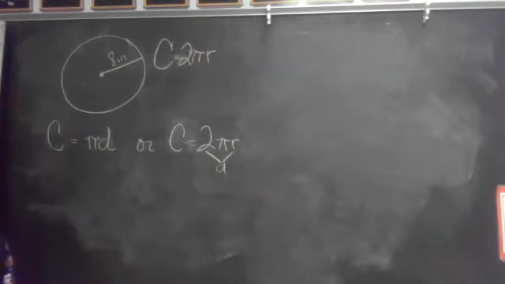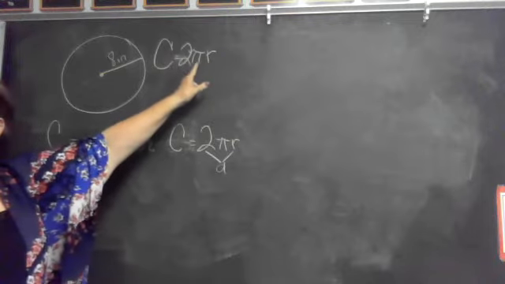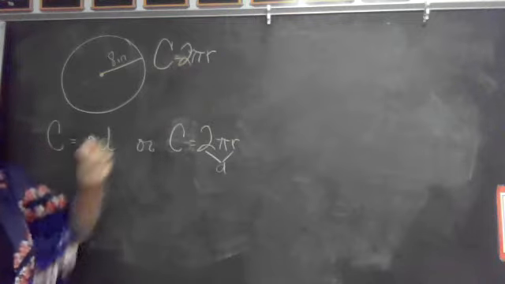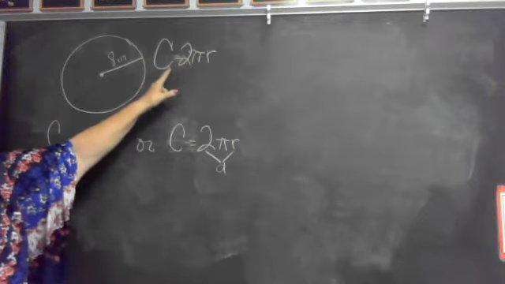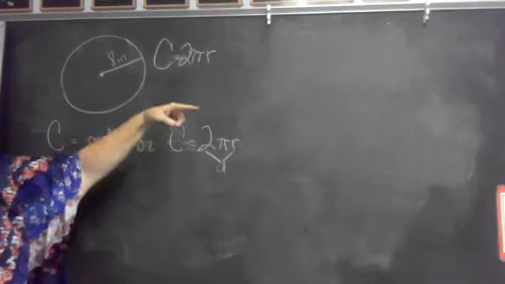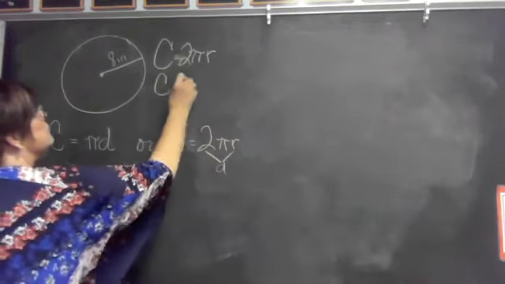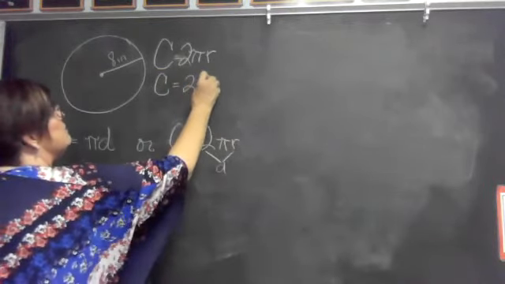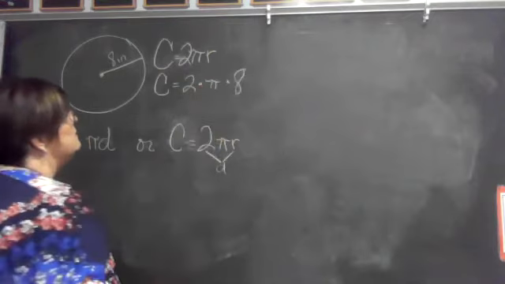Now understand, if you're working all the way with times, these can be in different order. If they're all multiply, it's okay. But I think this is what's on your chart, right? 2 pi r? Yeah, okay. So circumference equals 2 times the pi button times 8.